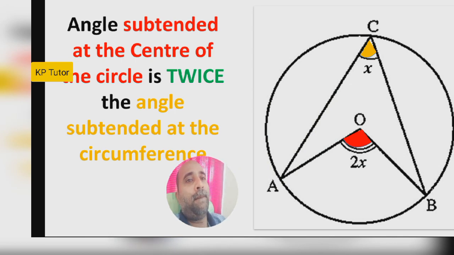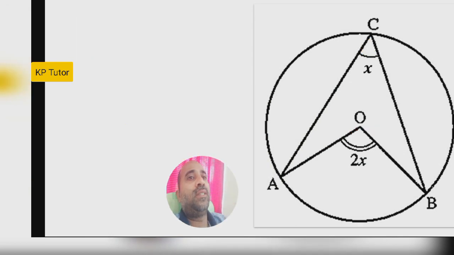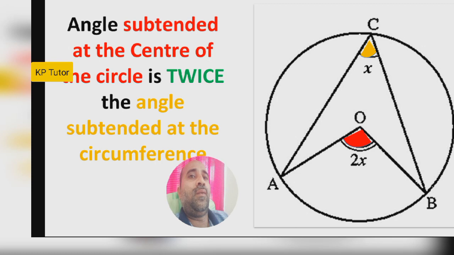This is the theorem. Here 2x, then that means x. For example, this is 25 degree.